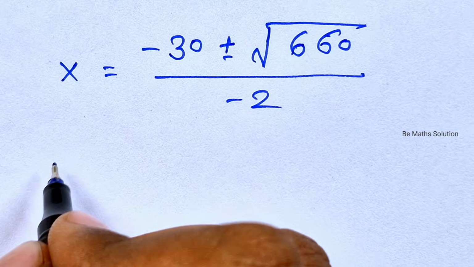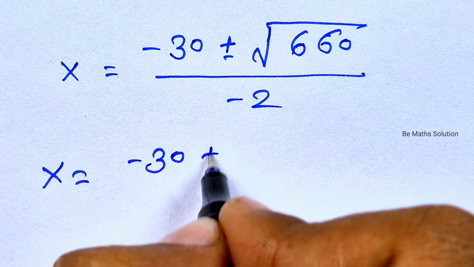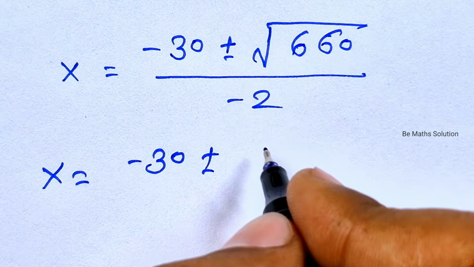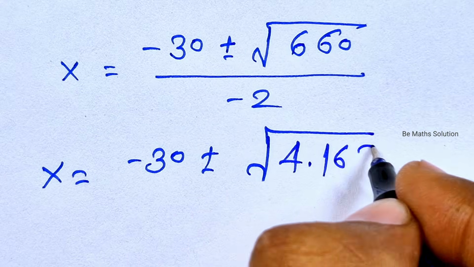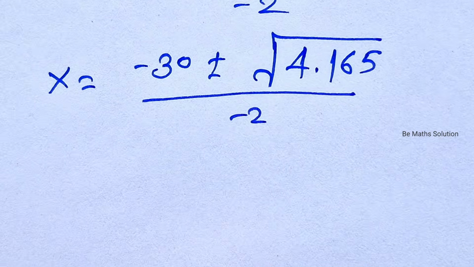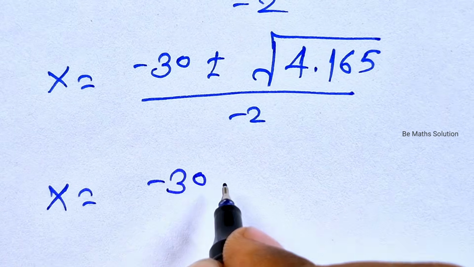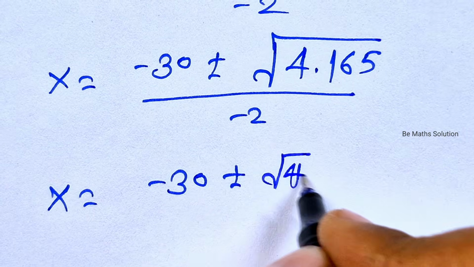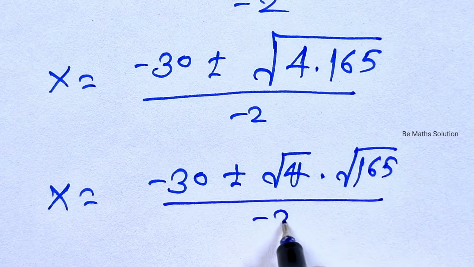Then x is equal to minus 30 plus minus square root 660, it is square root 4 into 165, over minus 2. Separate the square root: square root 4 into square root 165 over minus 2.